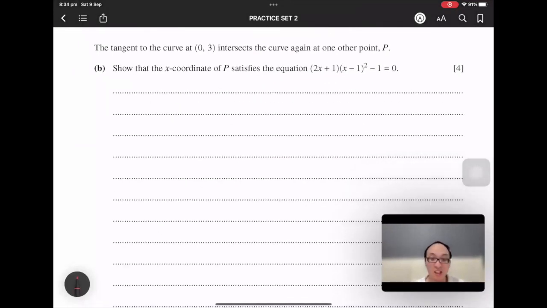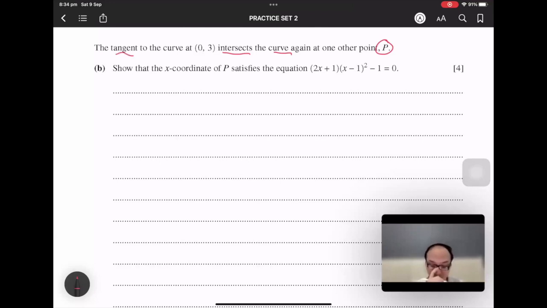The tangent to the curve at (0, 3) intersects the curve again at one point P. Show that the x coordinate of P satisfies this equation. If they said the tangent intersects the curve, we have to find the intersection point. The intersection point is P. Therefore, we have to find the equation of the tangent first.